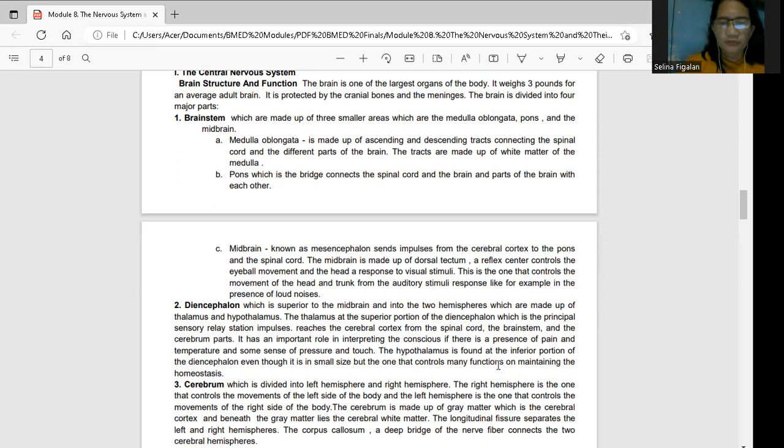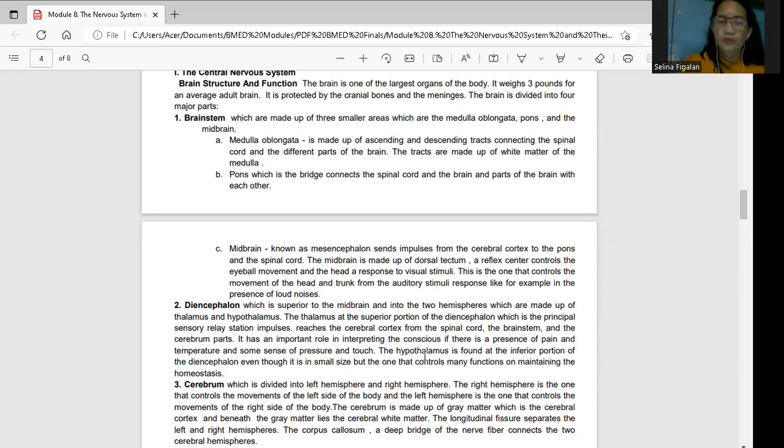Okay, the hypothalamus is found in the inferior. So your diencephalon at the upper portion, okay, dun mo makikita ang iyong thalamus, the superior portion, and then the inferior portion, when you say inferior, sa baba of your diencephalon. Okay, so this is the one that maintains the homeostasis. Your hypothalamus is the one that controls your, dito lang nakakalito pag pumasok na kasi yung brainstem.